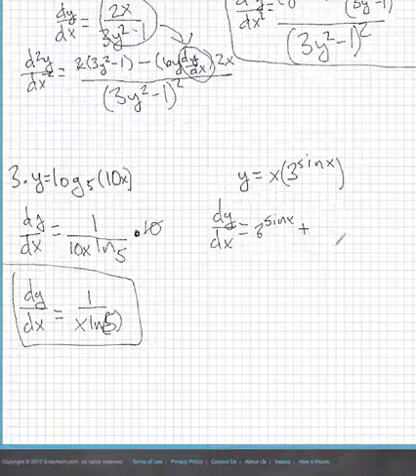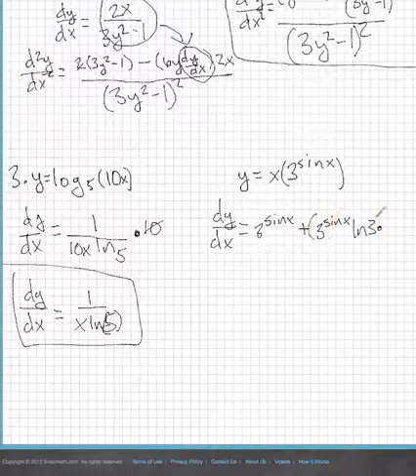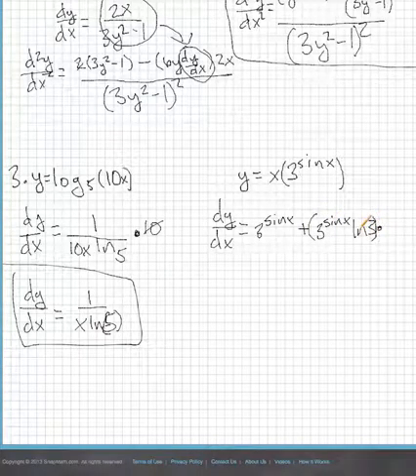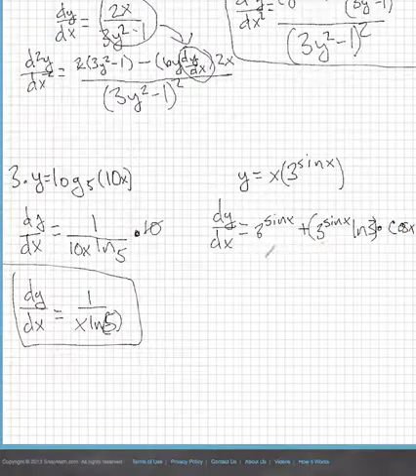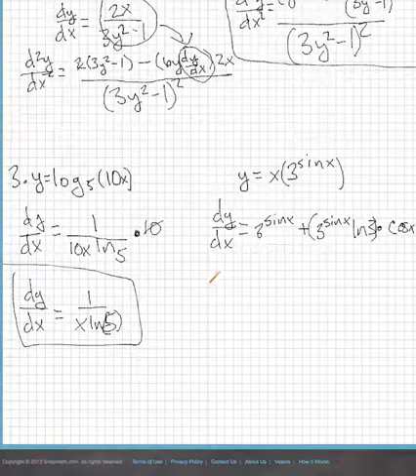It's the chain rule. So the derivative of the outside function is 3 to the sine x, and then just the natural log of 3. And then times the derivative of the inside function, which is just going to be cosine x.